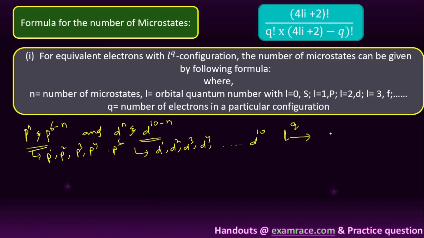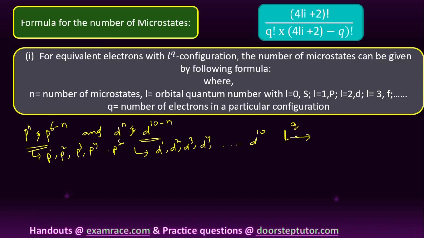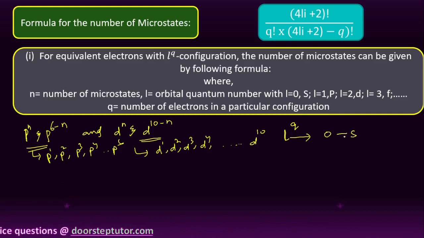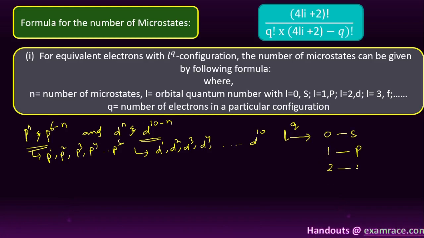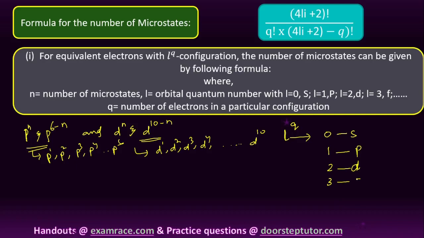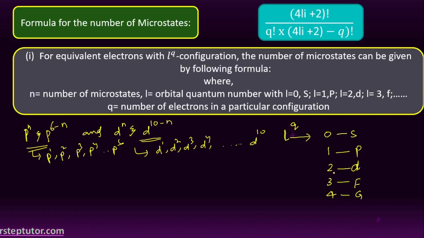Here L means the orbital angular momentum, the orbital quantum number. If the L value is 0, then it is S. If the L value is 1, then the term is P. If the L value is 2, then the term is D. If the L value is 3, then the term is F, and if it is 4, then the term is G. So here S, P, D, F, G. What is Q?